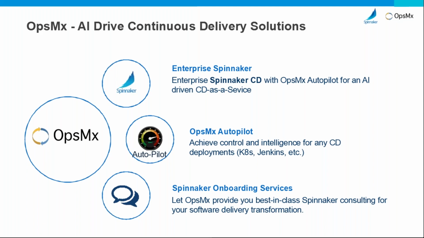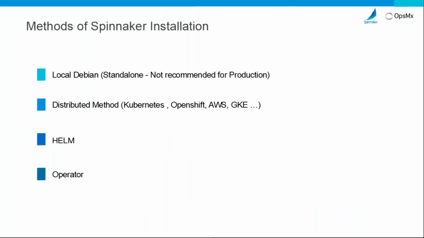So I would like to give you a brief note about the installation methods available in Spinnaker. In case you are testing Spinnaker only for your own usage, not in high availability, you can always go ahead with the standalone approach. But this is not recommended for production.